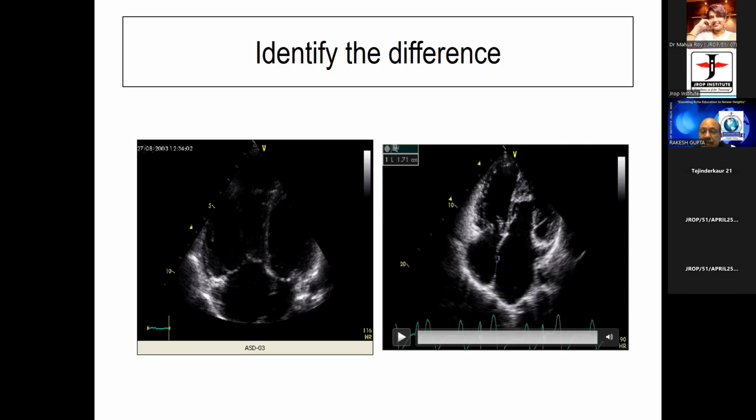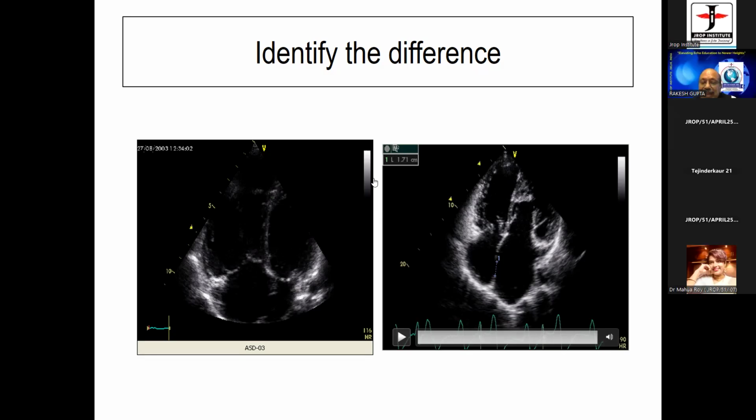Isolated ventricular inversion? No, isolated ventricular inversion is something else. So that becomes congenitally corrected transposition of great vessels. What exactly happened? Atrioventricular discordance is present, but the arteries are arising from their own places. All right. So that's how it makes lots of difference.